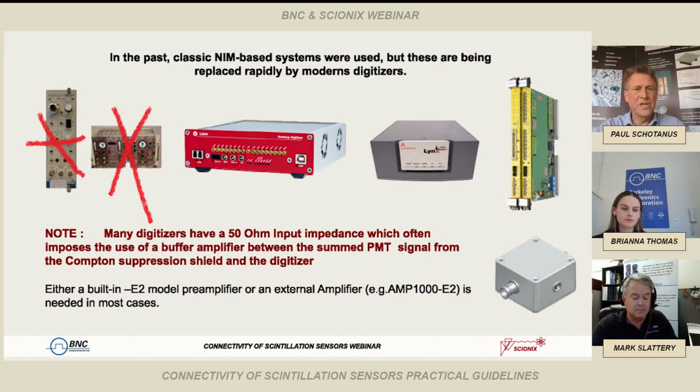So often a preamplifier is needed to connect your scintillation sensor directly to a digitizer, unless the digitizer has a built-in preamplifier, which is usually not the case. Alternatively, you can use a preamplifier resupply, which is a small box, again fed with plus or minus 12 volt, which converts the anode signal from a photomultiplier tube into a buffered 50 ohm output impedance signal.